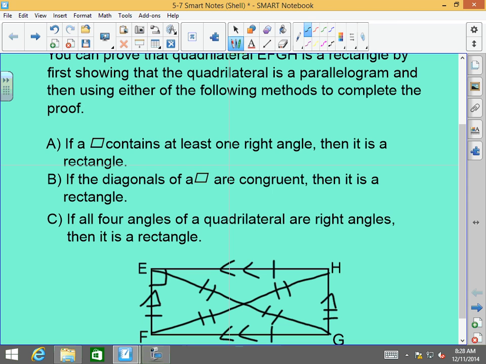If you have at least one right angle, it's a rectangle. If all 4 angles are right angles, it's also a rectangle. And if a parallelogram has congruent diagonals, it's a rectangle.